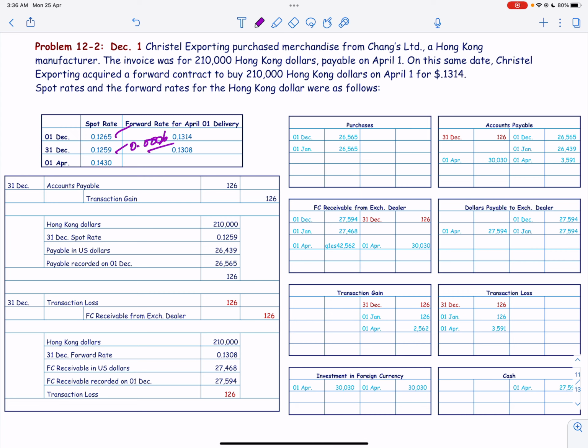So the payable went down from 26,565 to 26,439. So the Crystal Company makes a transaction gain of 126 on the balance sheet date.